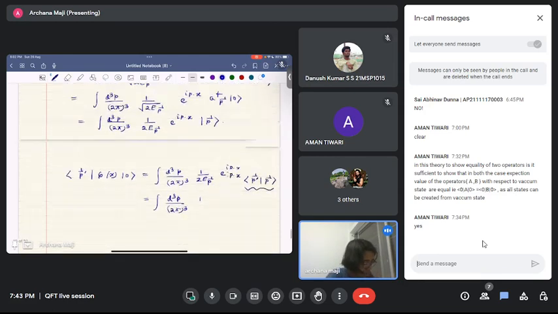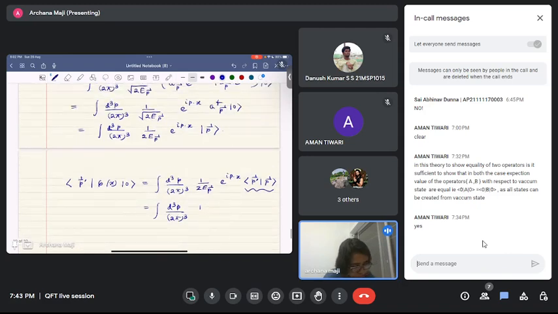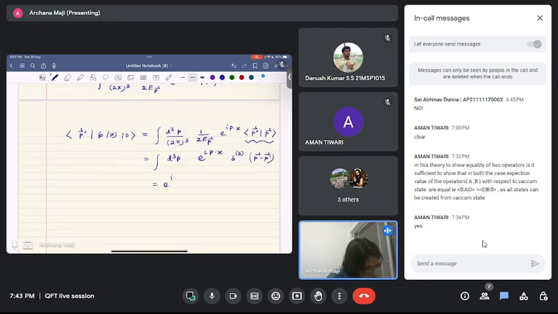So that (2π)^3 and the 1 over 2E_p will get cancelled out, and we will be left with exponential i p dot x delta 3 of p minus p prime. And what is it? This is exponential i p prime dot x.